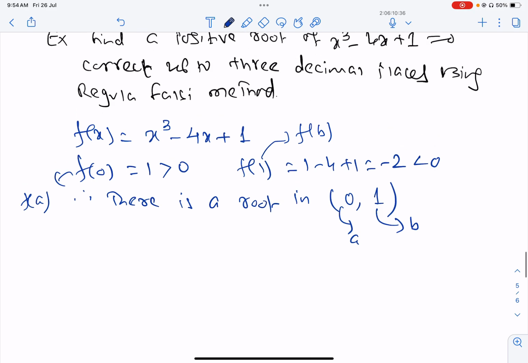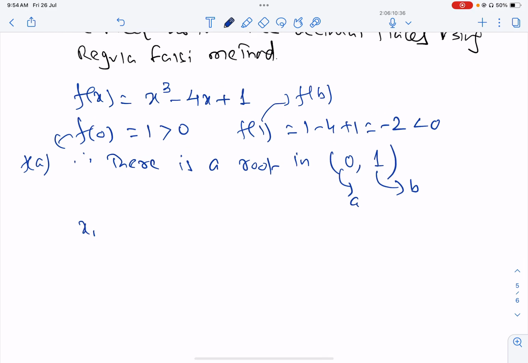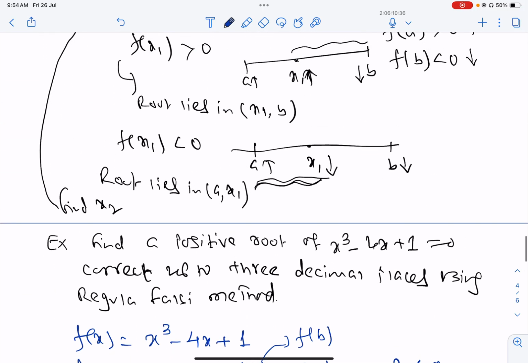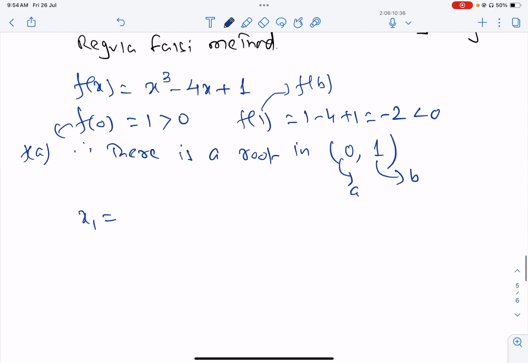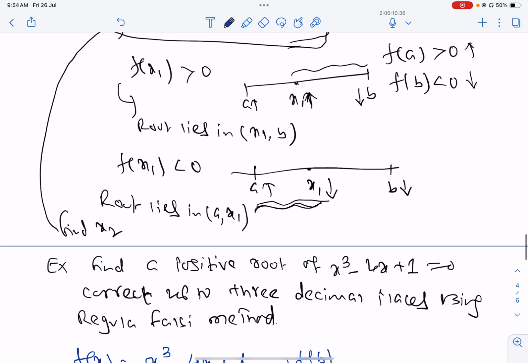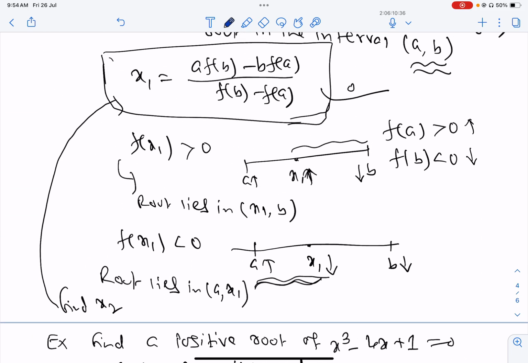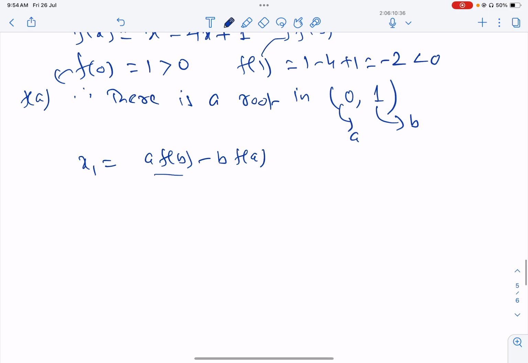So now our next step is x1 equal to this formula, that is (a f(b) minus b f(a)) over (f(b) minus f(a)).